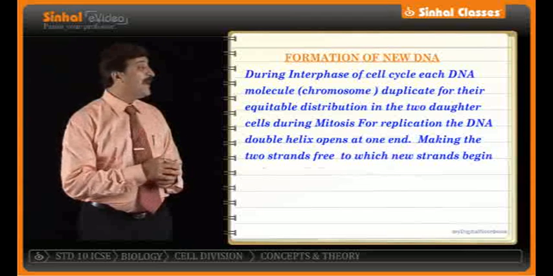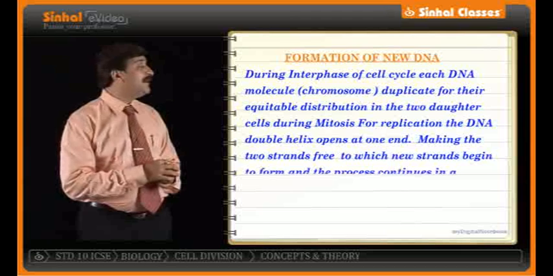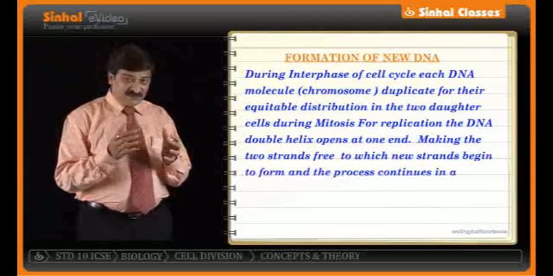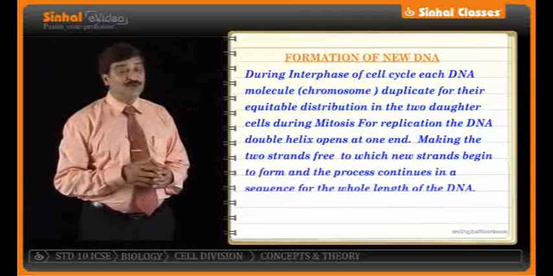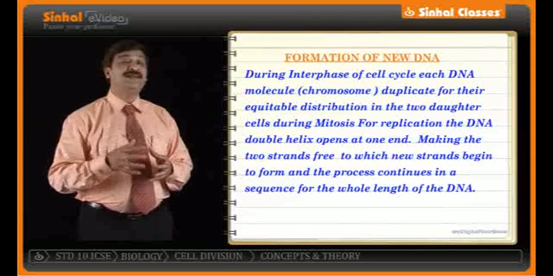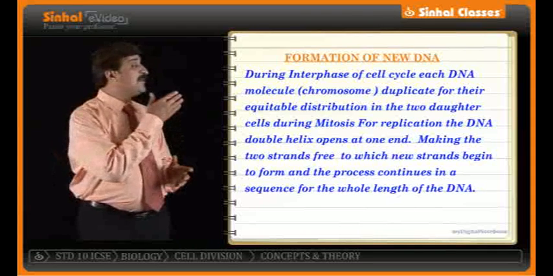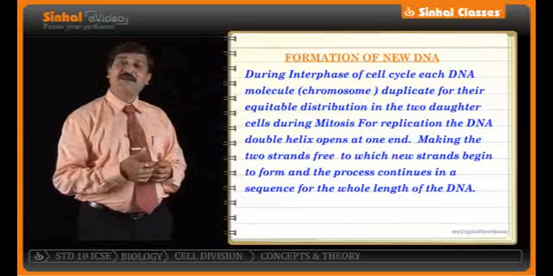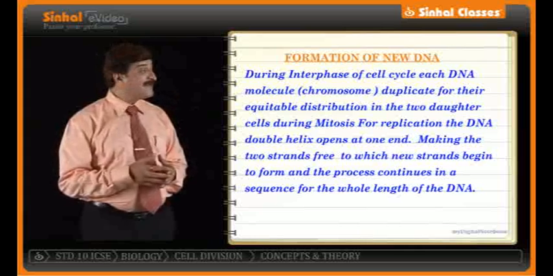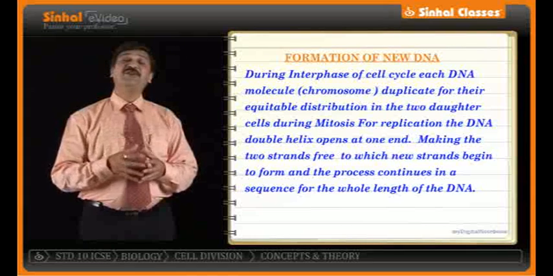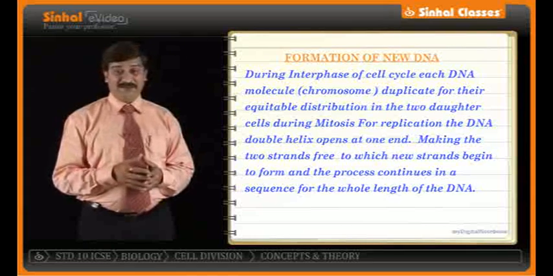The process continues with these strands becoming free and a new strand forming on each free strand. This process continues lengthwise along the sequence of DNA, resulting in the formation of two daughter DNAs.